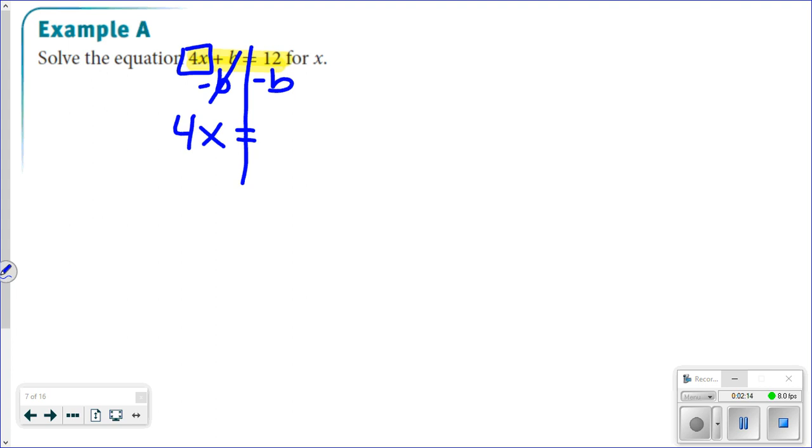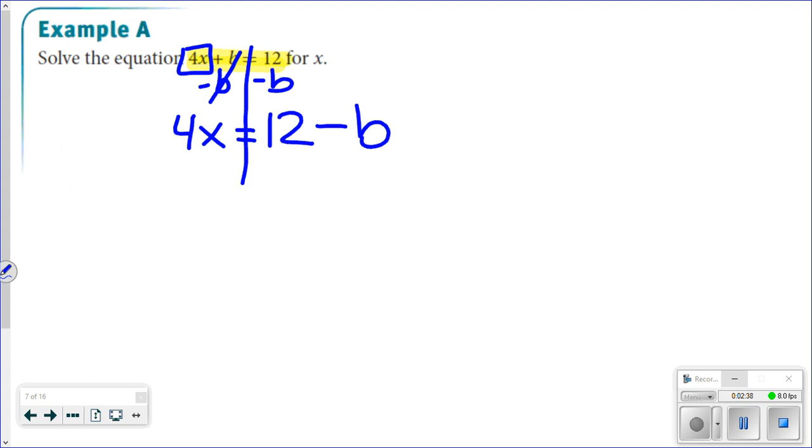12 minus b. I cannot put those two things together. They are unlike terms. One is a number, one is a variable. So I need to leave it as 12 minus b. We're still not done here because x has a coefficient in front. There's a 4.